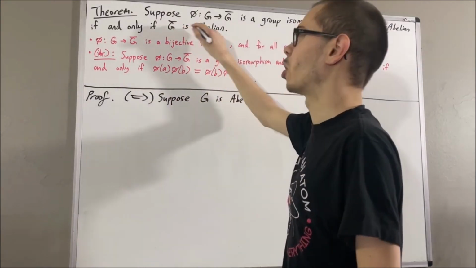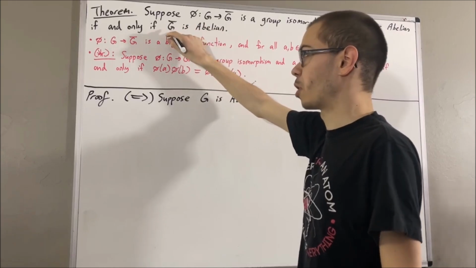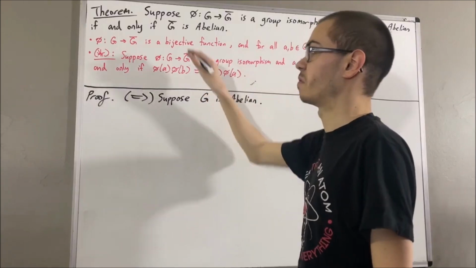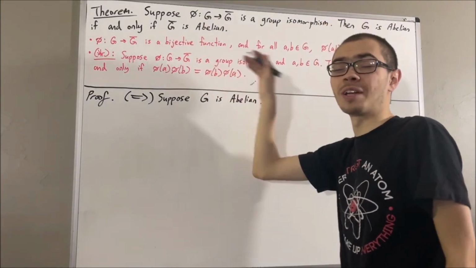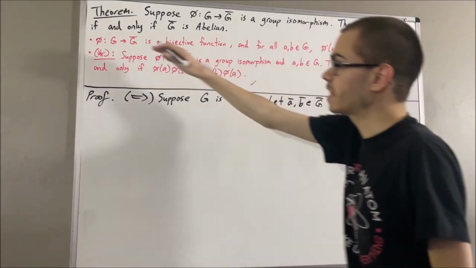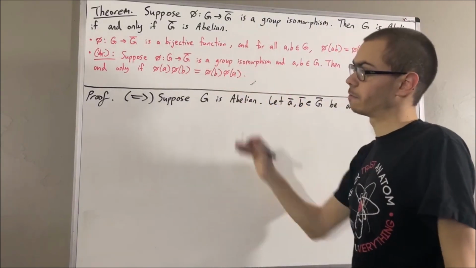Now, to prove G bar is abelian, we want to show that every pair of elements of G bar commute. So let's give ourselves two arbitrary elements of G bar. I'll call them A bar and B bar. Since phi is a bijective function, then in particular, we know that phi is surjective.